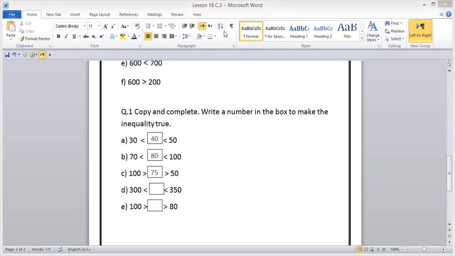Adam Khalid, what are you doing? Very good, Muhammad Farooq, Muhammad Al Harbi. Sharif Muhammad, check your answer. Your answer is wrong. 390 is not less than 300.